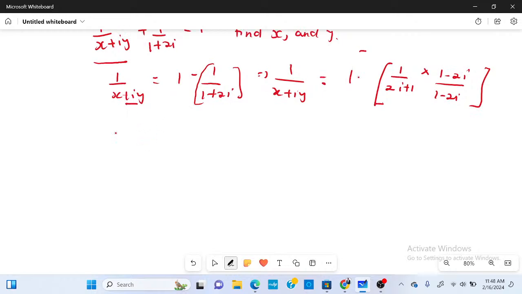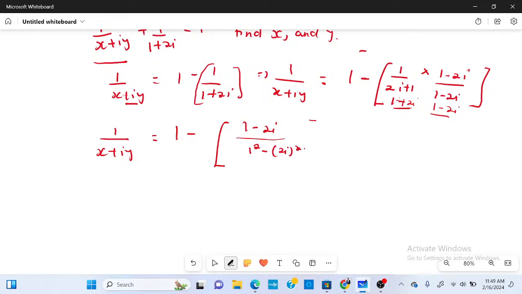I have 1 over x plus iy equal to 1 minus the expression. There is a minus sign here. Multiply the top, which is 1 minus 2i, all over, when you multiply 1 plus 2i by 1 minus 2i. Remember that this is a difference of two squares. So you get 1 squared minus 2i all squared, as simply like that.